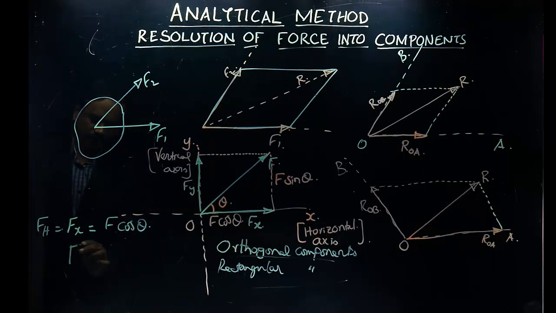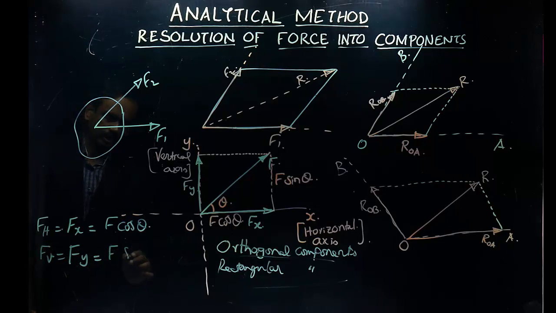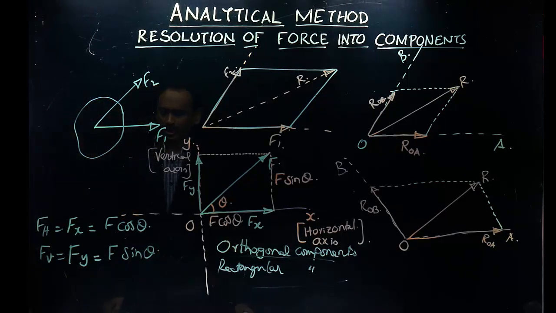And the vertical component, which is Fy, as I told you, some textbooks call this Fv, which is equal to F sine theta. So given a force and an inclination angle theta, we can find the components of that force along the two orthogonal axes, namely the x-axis and y-axis.